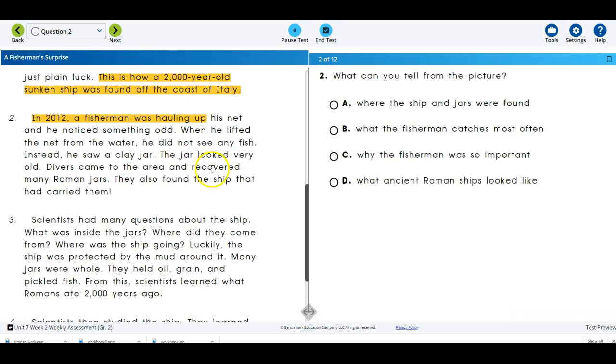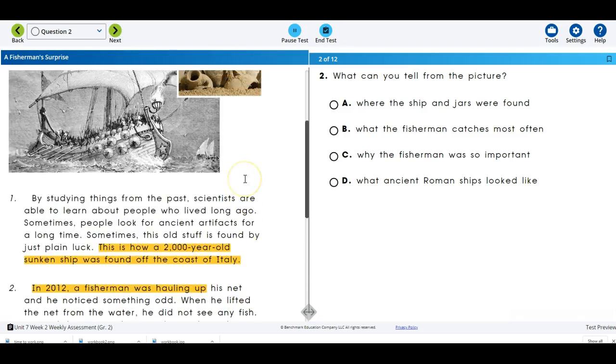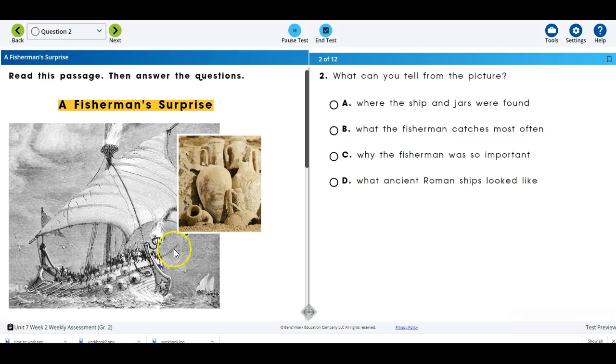Question 2, what can you tell from the picture? So look at the picture. You have to look and study the picture before you make a choice. Okay? Does the picture tell me that they're so important? Doesn't look like anything that has to do with the importance of a fisherman. But it does give me some more information. It doesn't even tell me what kind of fish they catch.